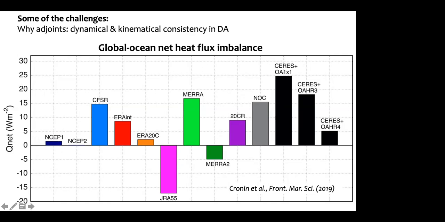And of course, we have a good estimate of what the number should be: somewhere below 1 watt per meter square, in our latest estimate on the order of 0.5 watt per meter square. But all of these reanalysis products are in one way or another way out of balance. Which basically means they cannot be used for looking at global trends in net air-sea heat fluxes over long periods of time, right?